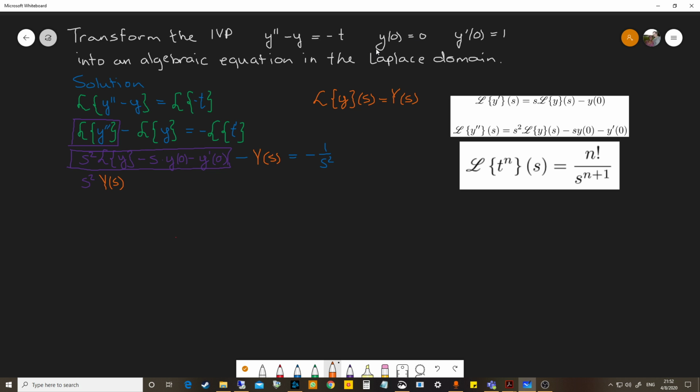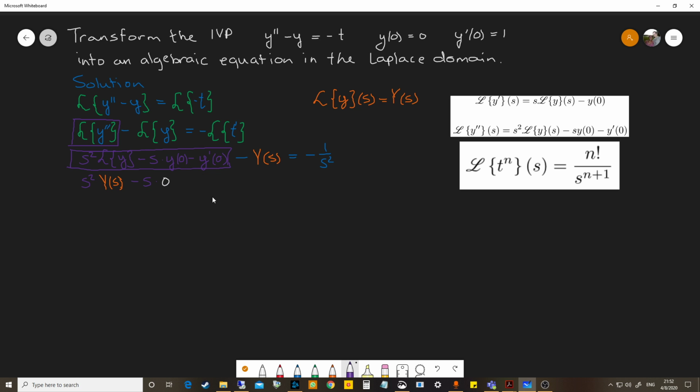We see that y of 0 equals 0, so that is minus s times 0.